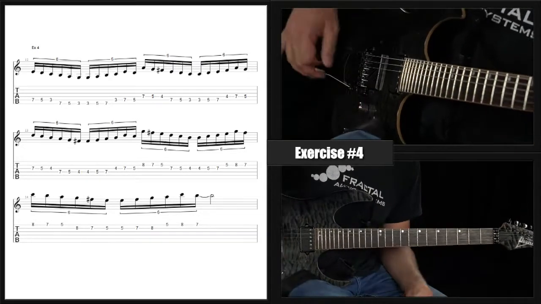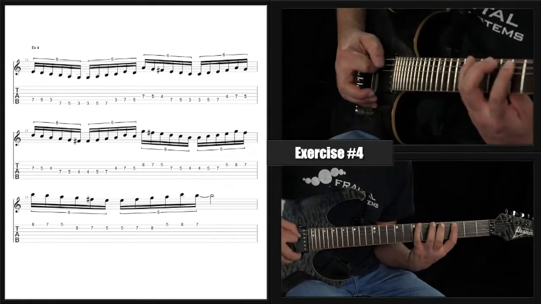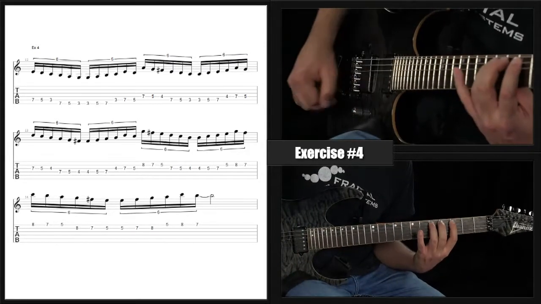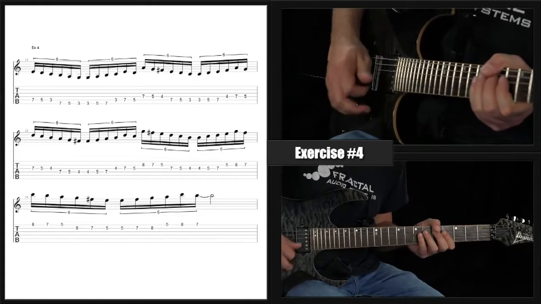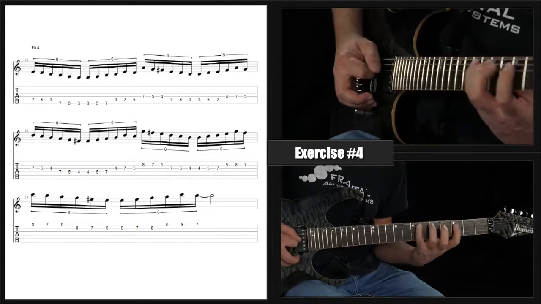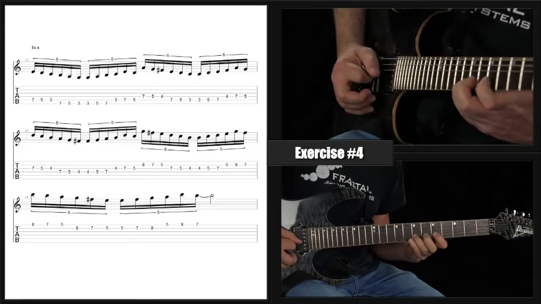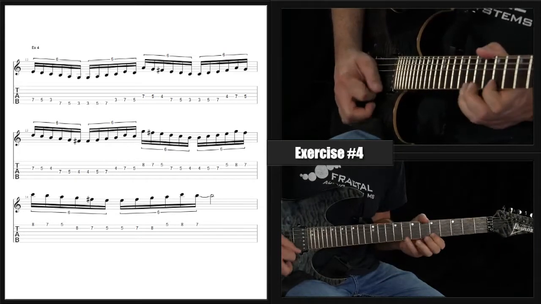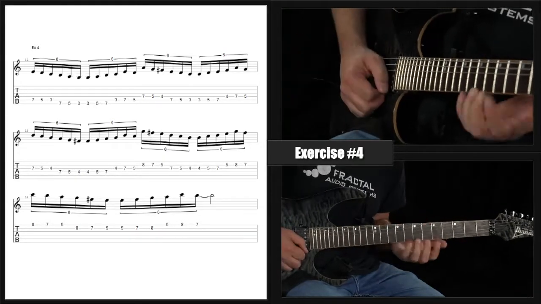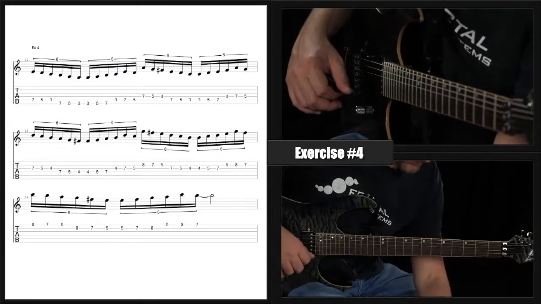The first 6 notes show you the logic behind this. And then we're going to apply that same logic to the 4th string, the 3rd, 2nd, and 1st. And that's the exercise. So let's play it together.